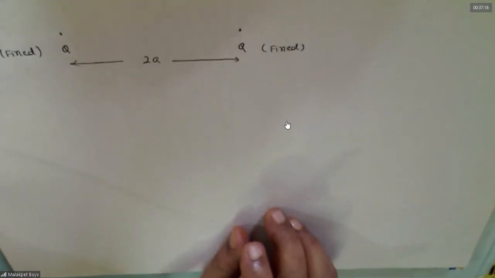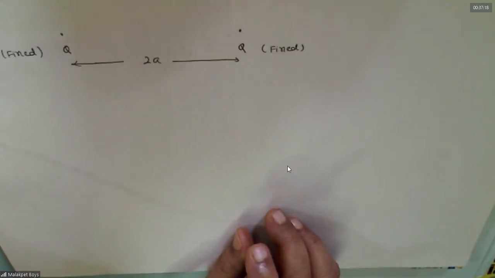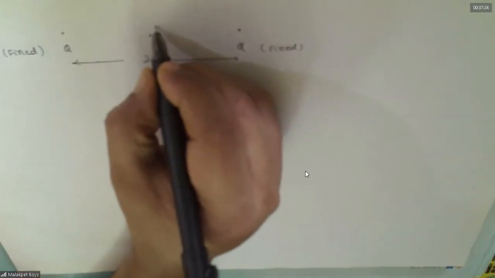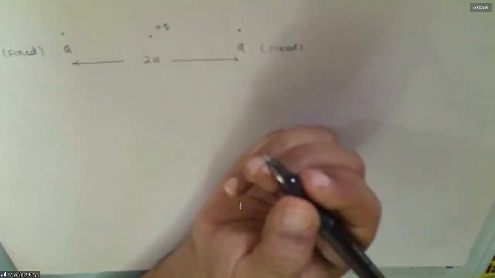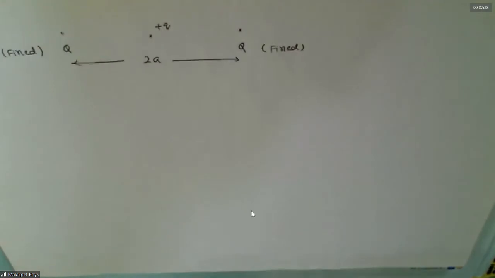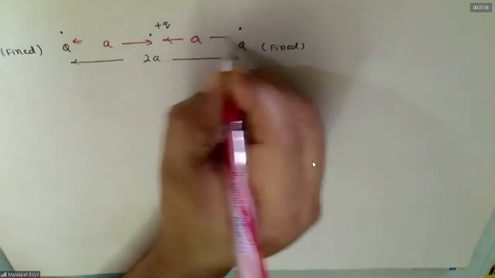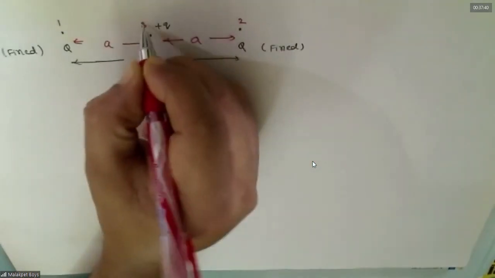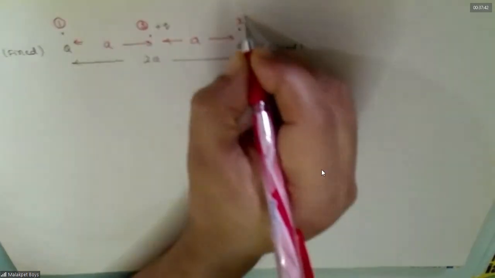And a positive charge lies here, exactly at the middle. So this is a, this is a. Now, is charge 3 in equilibrium or not?